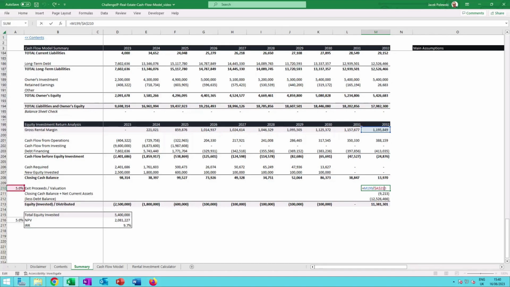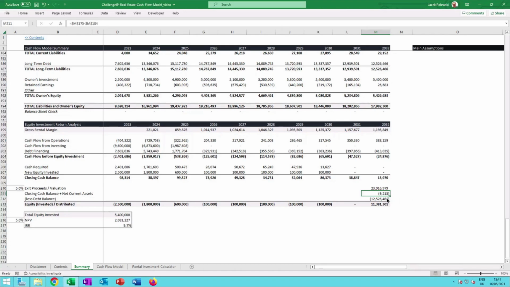And therefore, I'm also using a 5% yield as my basis for valuation. So I simply take the gross rental margin and then divide it by the yield to give me my valuation. And then I adjust this figure for whatever cash I have on my balance sheet, but also for any outstanding short-term liabilities that I may have.